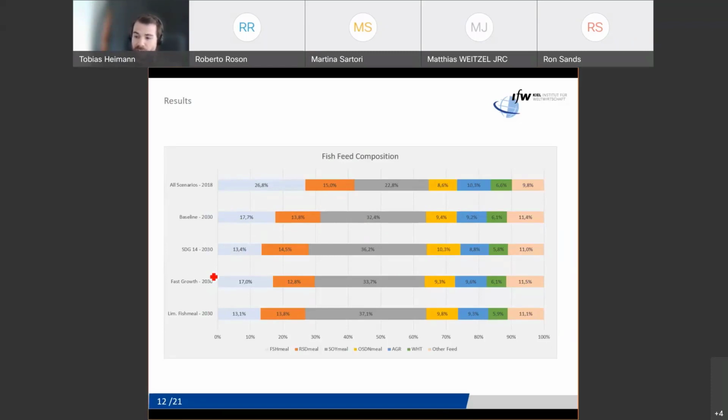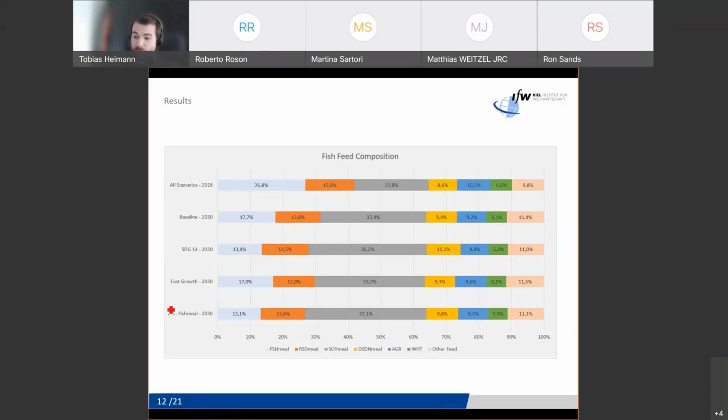In the fast growth scenario, we have the same capture fish production as in the baseline, but now we have a double growth rate in aquaculture production, and therefore we consume more fish meal. So the share in the fodder composition is quite similar to the baseline, but in absolute terms, of course, it's more because we have now a higher aquaculture production.